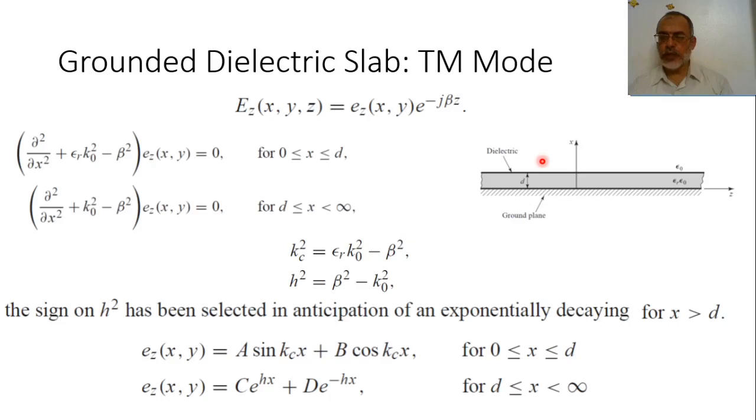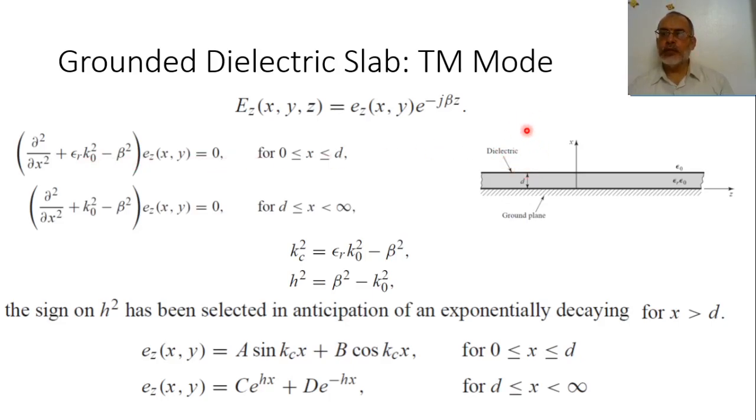So the Helmholtz wave equation in the dielectric medium is partial by partial x squared plus epsilon r k naught squared minus beta squared, times Ez, equals 0.